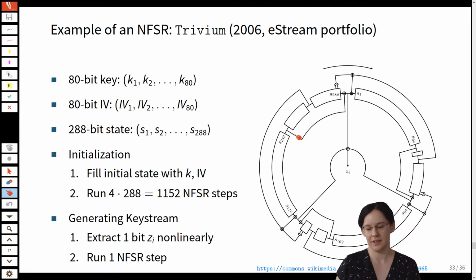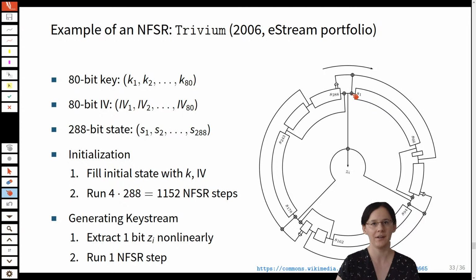And then what you see here below and above is at which places, at which bit positions you tap the register, like in the LFSR case, you take the bit and XOR it to some other position. So this is like a very lightweight LFSR where you XOR only very few positions. And it's not only purely linear, but you see that in some places you also take the AND of several of the bits and XOR them together with some other values from here and XOR them here and so on.